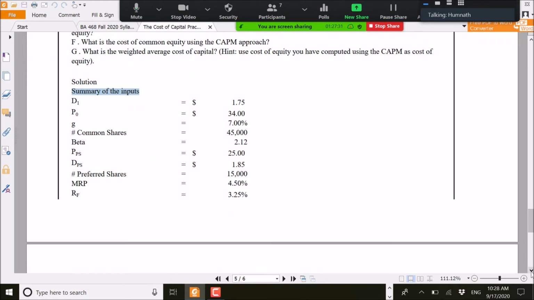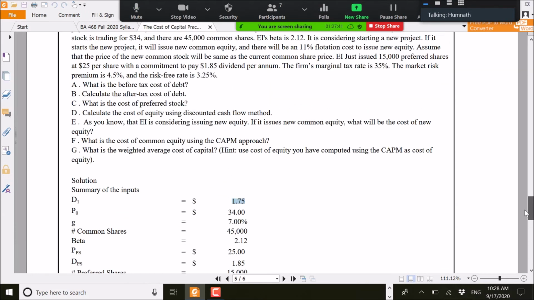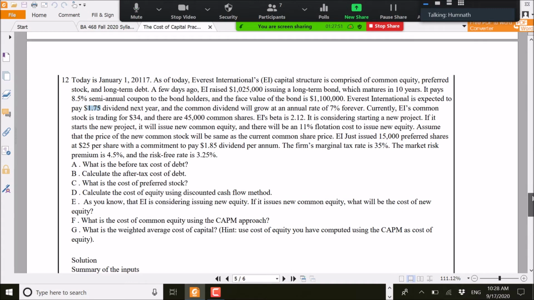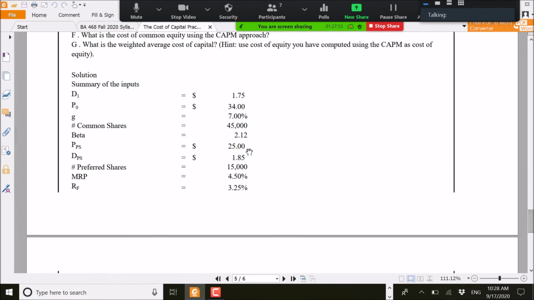So in that question, the company paid $1.70 and is expected to pay $1.75 dividend, which is D1. And the price of the stock is $34. The dividend is expected to grow 7%.